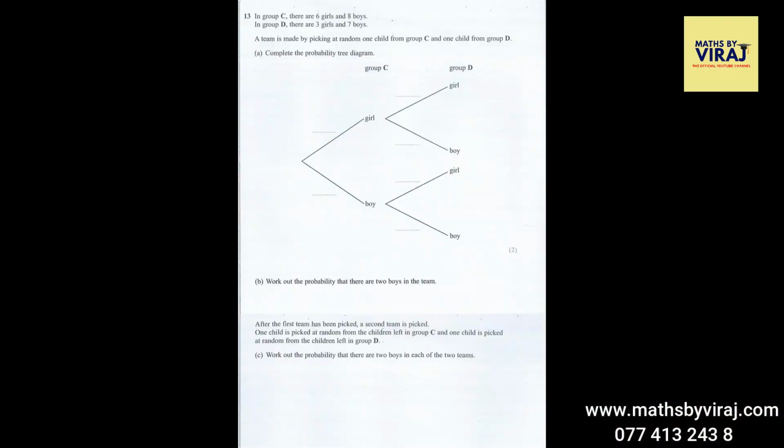Simple as that. Children, question number 13 is a question about probability, and first you have to complete the tree diagram and then answer the questions, where part B is to find the probability where there are two boys in the team. And question C is a bit of a lengthy question.